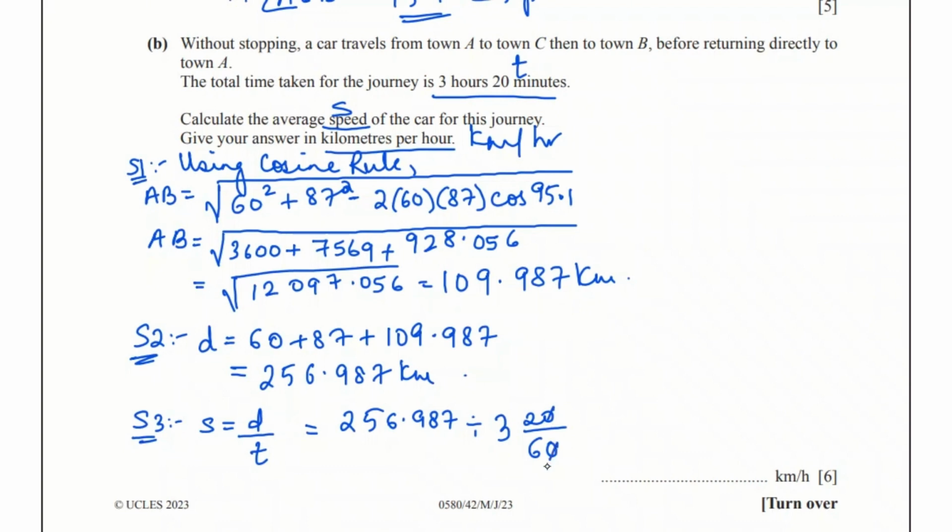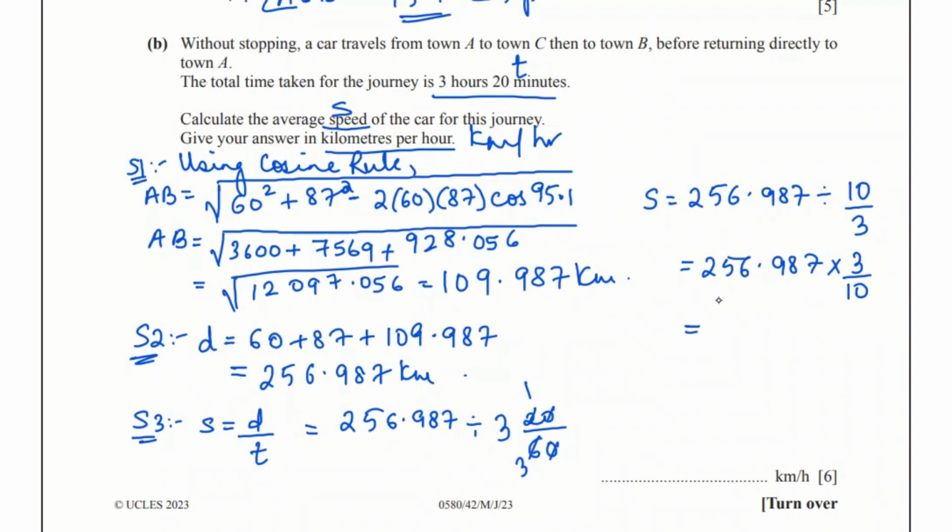Okay, so this cancels off. So finally S is equal to 256.987 divided by 3, 3 threes are 9, 9 plus 1 is 10, 10 upon 3, which gives 256.987 multiplied by 3 upon 10, which gives us 770.961 upon 10, 77.0961.